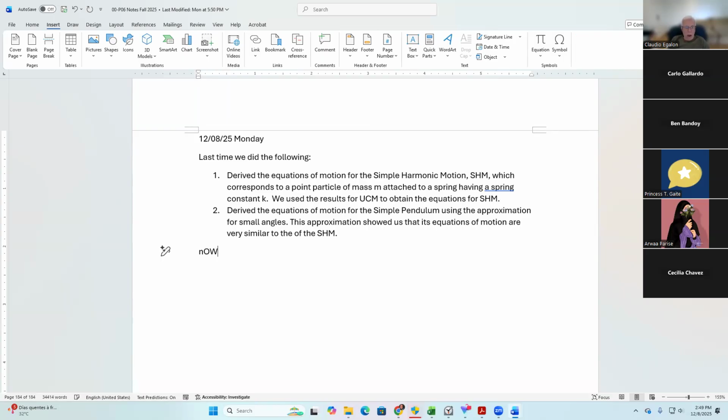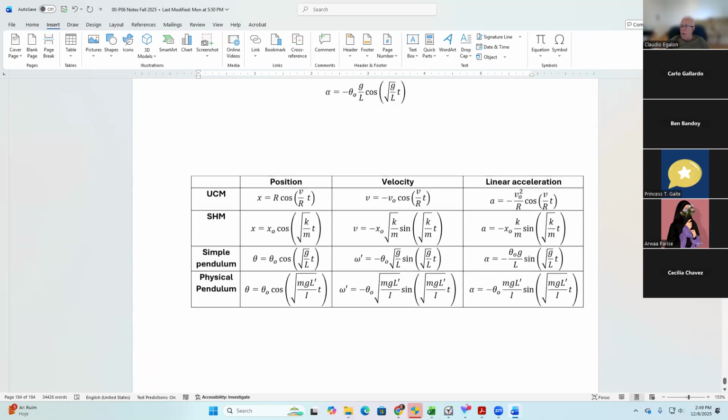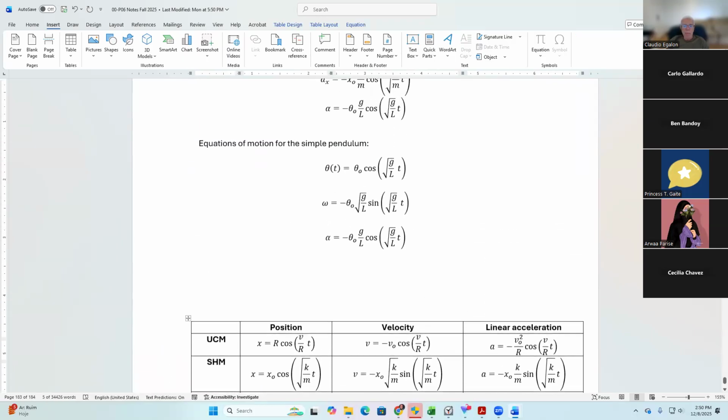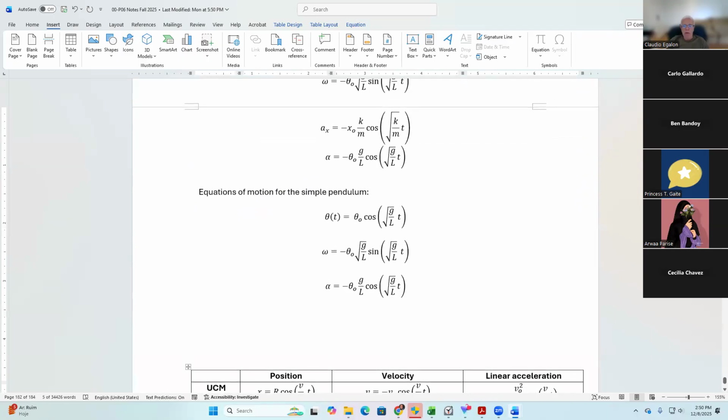So now we will derive the equations of motion for the physical pendulum. I just gave you the final result for the physical pendulum, I didn't derive it.